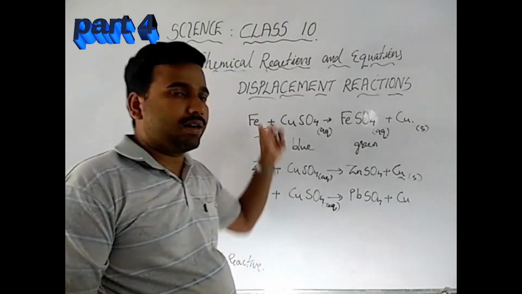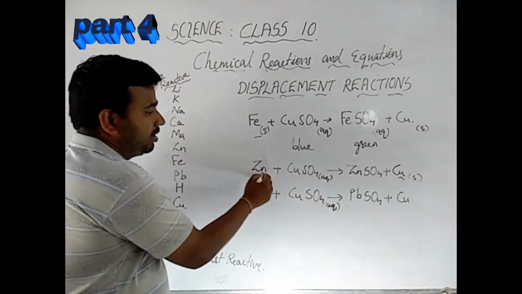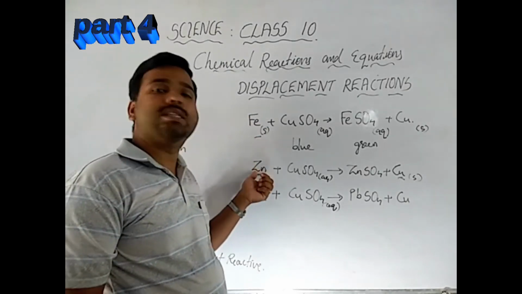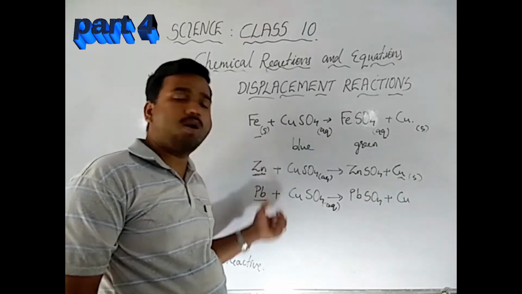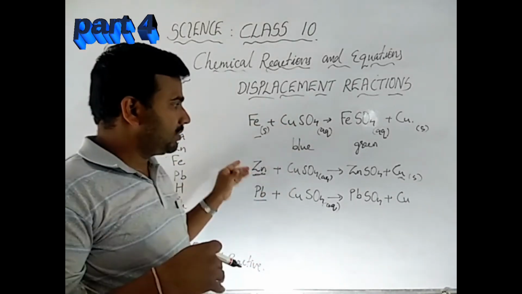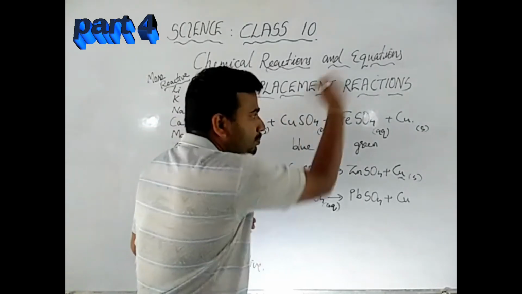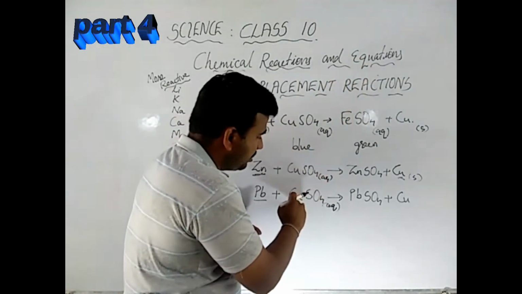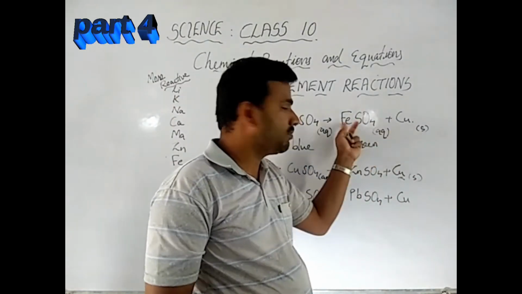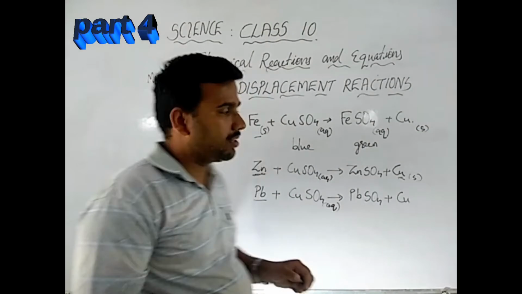See what is happening here: the more reactive metals such as iron, zinc and lead are more reactive than copper. So these metals are able to displace copper metal from its aqueous salt solution so as to form their own salt solution.